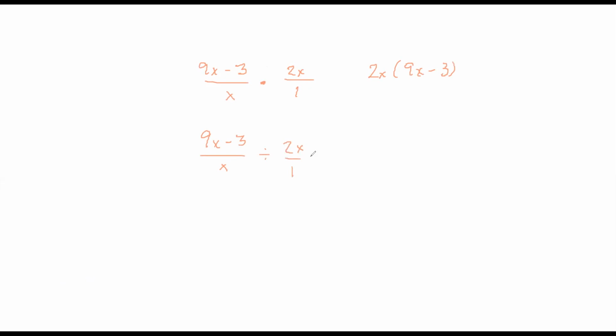This is the same as multiplying by the reciprocal. So this is going to be 9x minus 3 over x, 2x squared. 2x times x. Right. Okay.